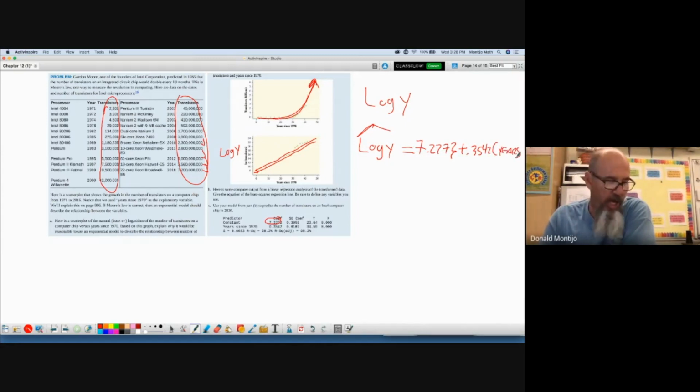So you can think of log of y hat as the log of the transistors. Why do we put a hat over it? To tell us that it's a prediction. So that would be the problem.